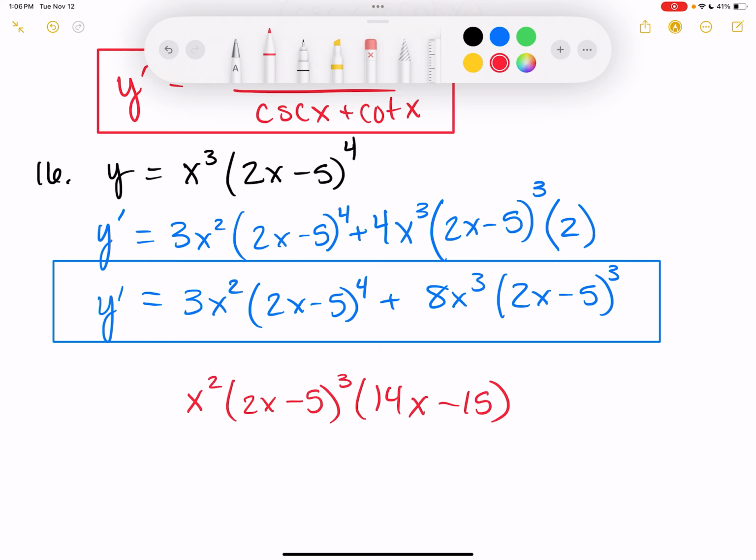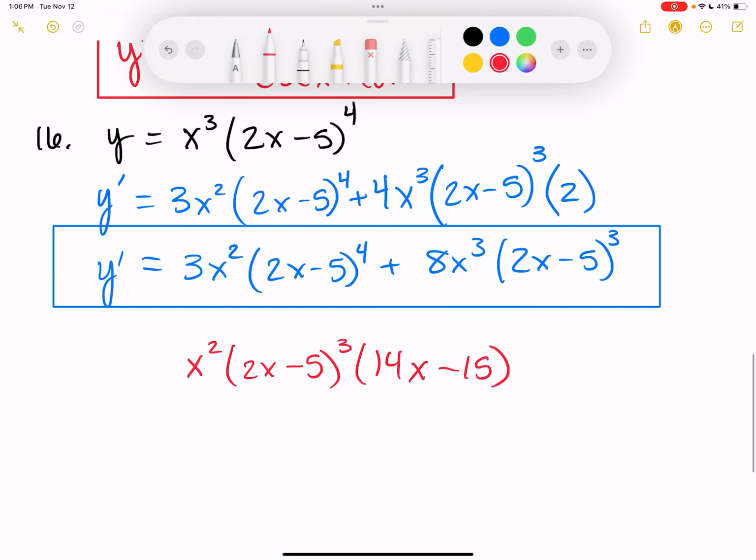I don't know. Anyways, I would leave it like that. The book actually has both answers. They have this is equal to this, but they don't have anything in between. I don't know. All right, 18.